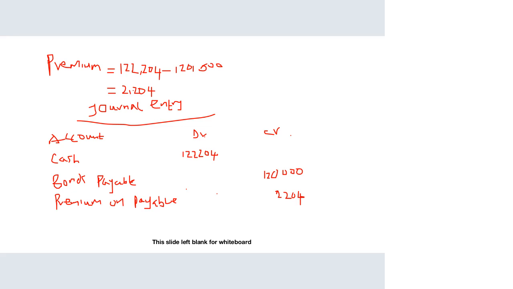Now, the premium on bonds payable account has a credit balance of 2,204, which needs to be amortized to the interest expense account over the lifetime of the bond. Remember, the lifetime of our bond is 2 years.